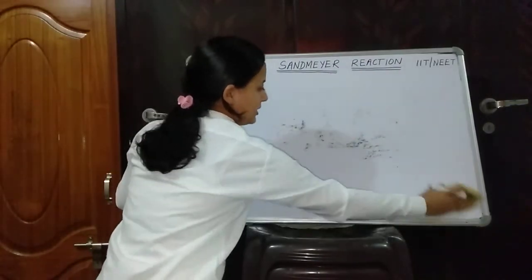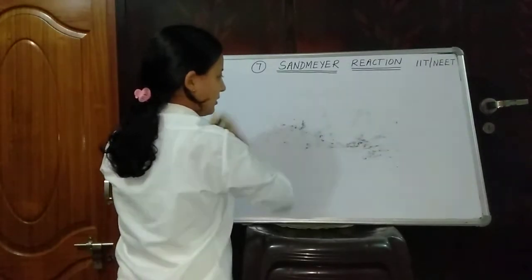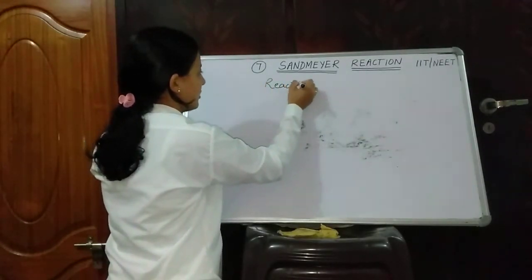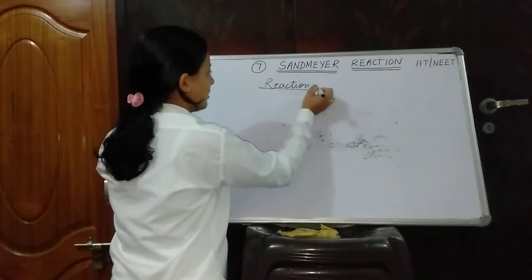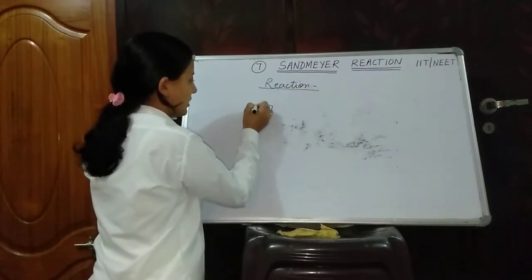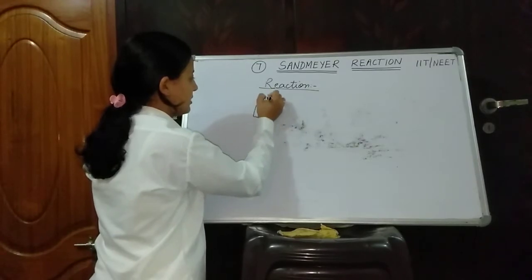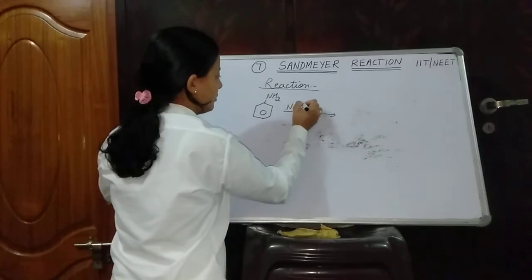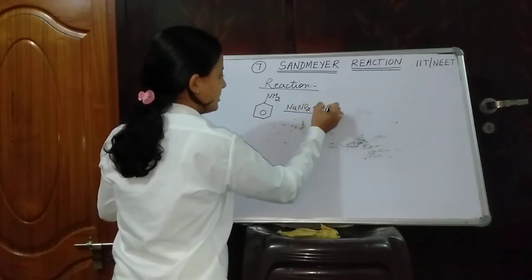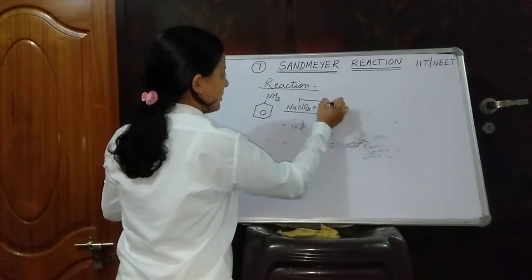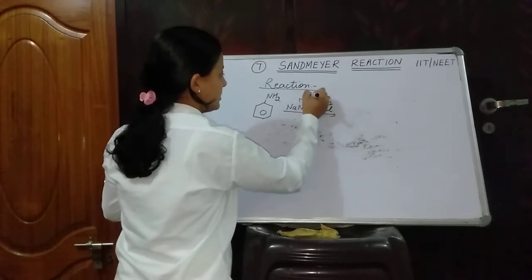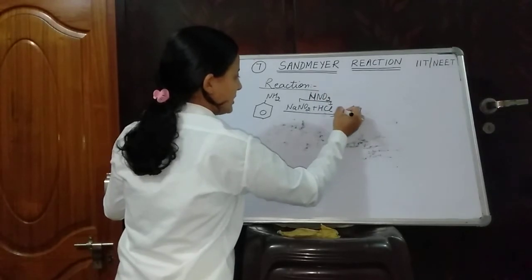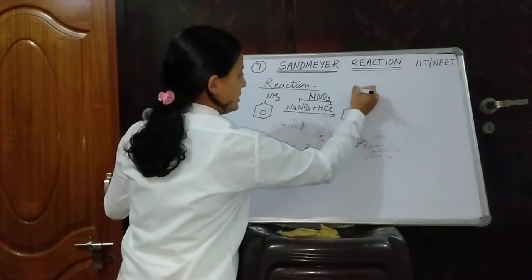First we see the reaction. What is the Sandmeyer reaction? Here I am starting this reaction with aniline in the presence of sodium nitrite and HCl. It will generate HNO2, and generation of benzene diazonium salt.